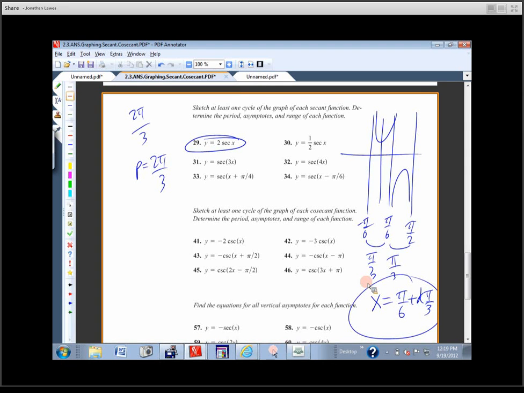Take a look at these guys right here. These are all cosecants, so they're the other shape. Cosecant is actually kind of the nice one because it starts here and here. It's all between 0 and 2 pi, and that one would be at pi. What's that going to do to the graph? Vertical flip and a stretch.